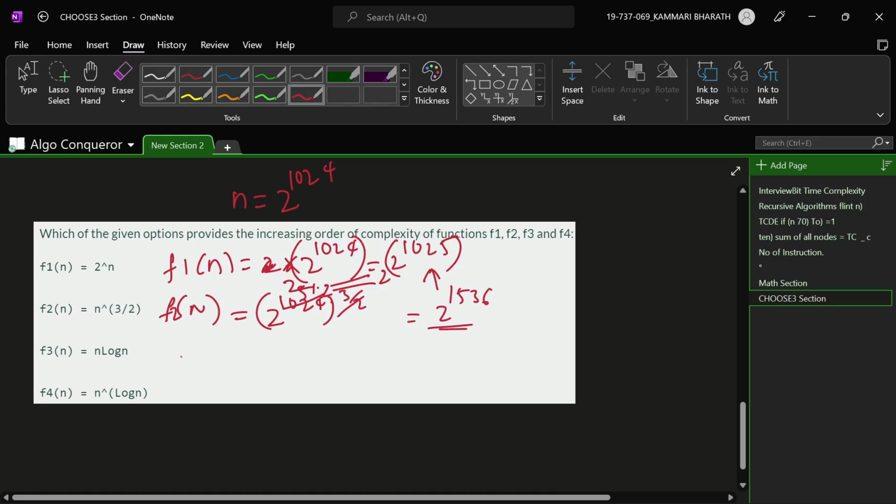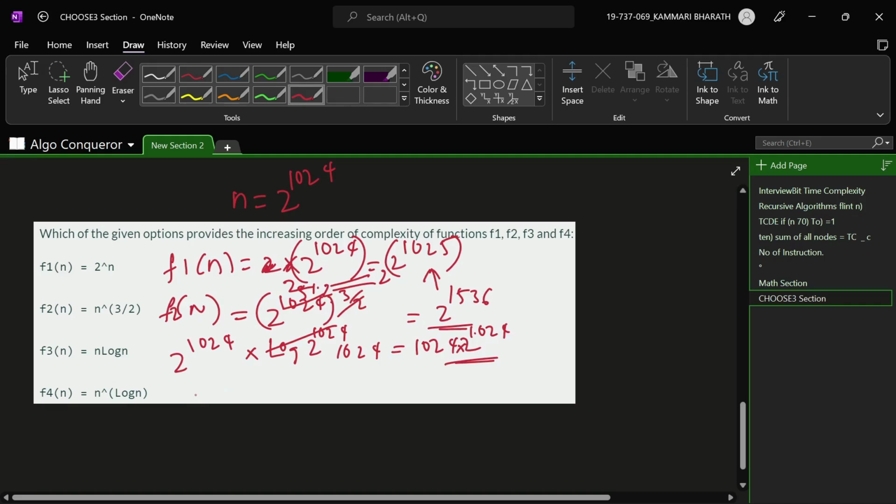And coming to the third function, 2 power 1024 into log of 2 power 1024. Log of 2 power 1024 is 1024. So 1024 into 2 power 1024. This is the third function.